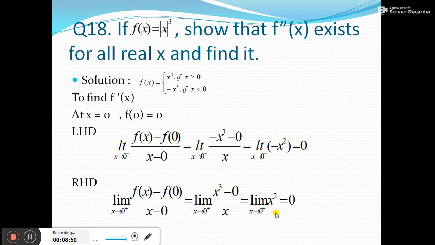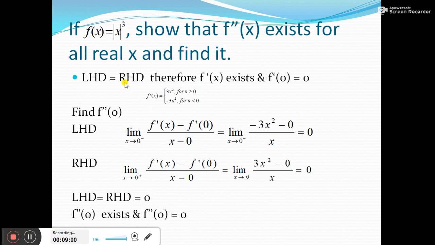On simplification we get x square, limit x tends to 0 positive x square, and that is equal to 0. I think you understand. As you see, left hand derivative is equal to right hand derivative. Therefore, f dash x exists and f dash 0 is equal to 0.